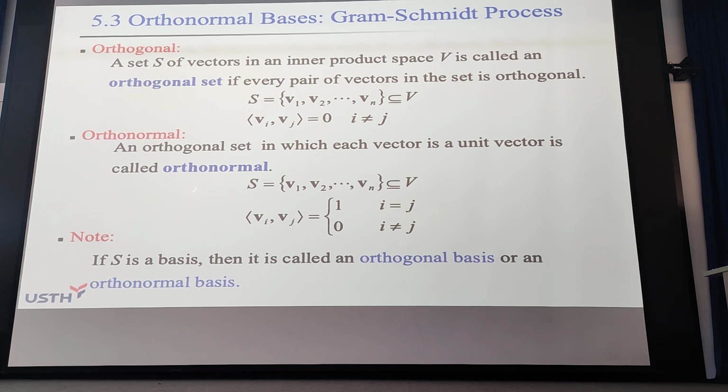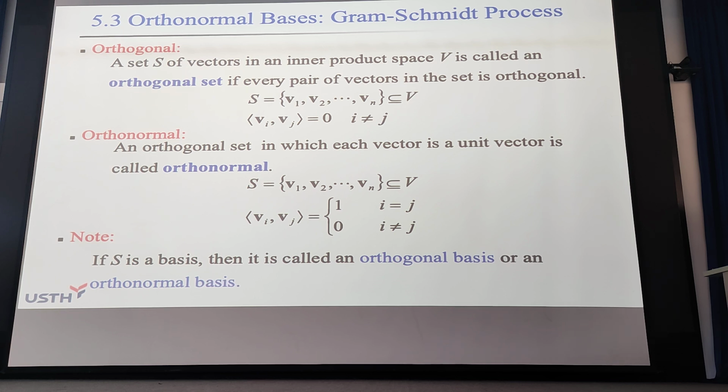And if we require something more, that is any vector inside an orthogonal set to be a unit vector, then the set will be called an orthonormal set. That is, we require not only the condition below here, we require that one also: any vector inside here must have length 1. And in that case, we call the set orthonormal.